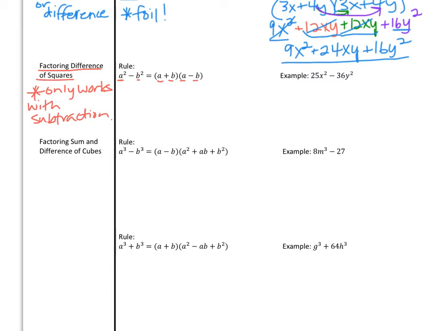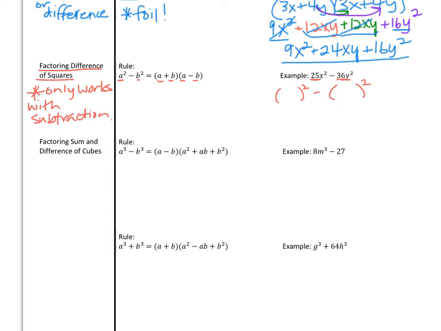Let's take a look at the example on the right. We have 25x squared minus 36y squared. 25 is a perfect square, x squared is a perfect square, 36 is a perfect square, and so is y squared. We have a perfect square minus a perfect square. What I recommend you do first is kind of split it up into that a component and the b component.